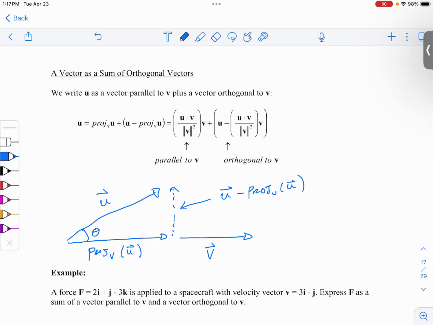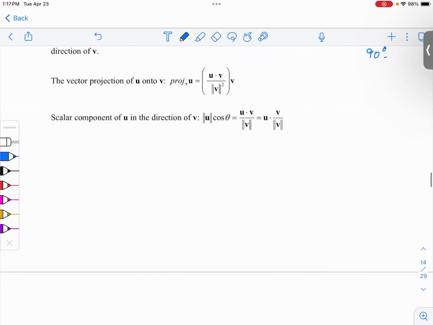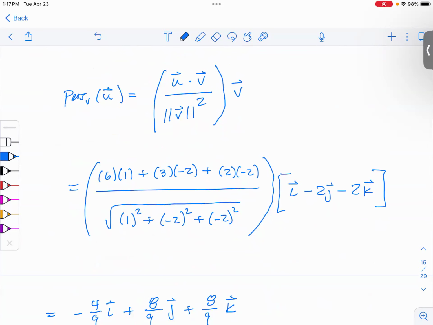And so, this is the definition of vector projection. Oh, whoops. Oh, shoot, I did write that incorrectly. I apologize for that. Squared.